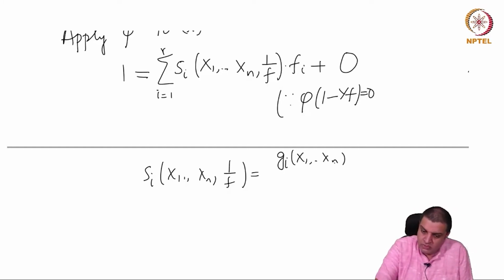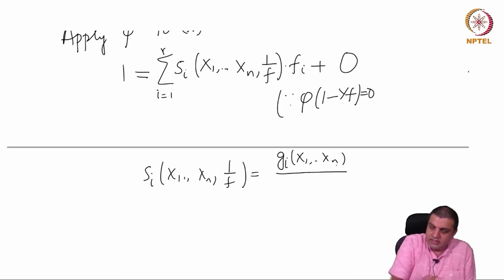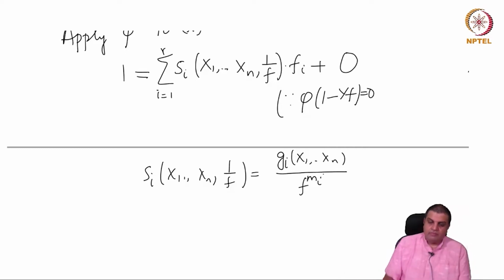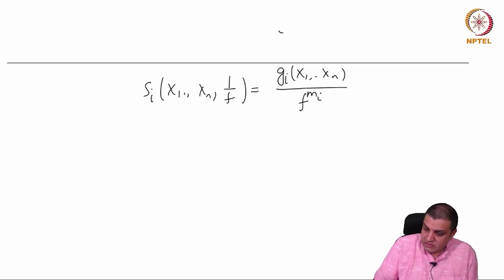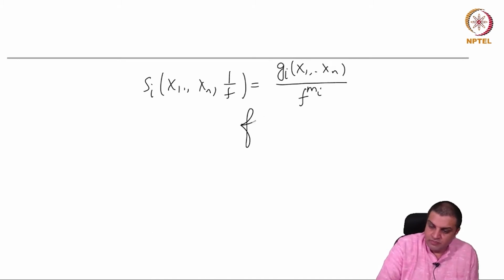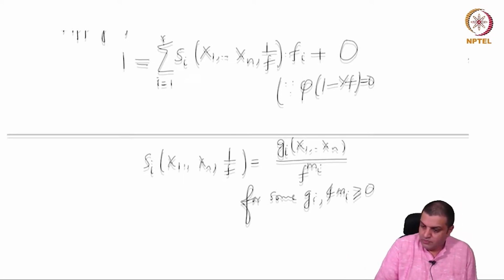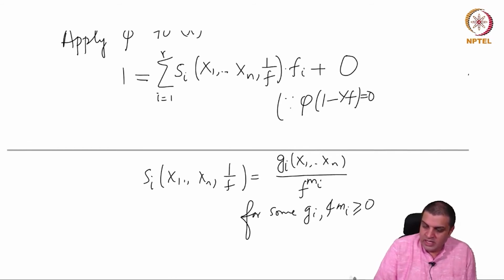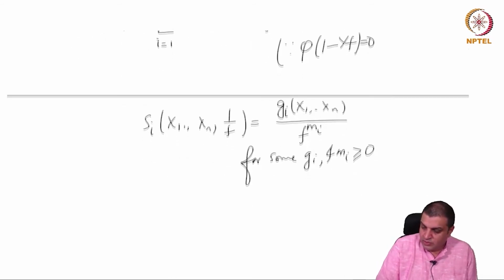So when we write this out in the expression of the polynomial and clear denominators, we will get some f to the mi. So that gives us, for some gi and mi greater than or equal to 0, gi is just a polynomial. So we can write it like this.